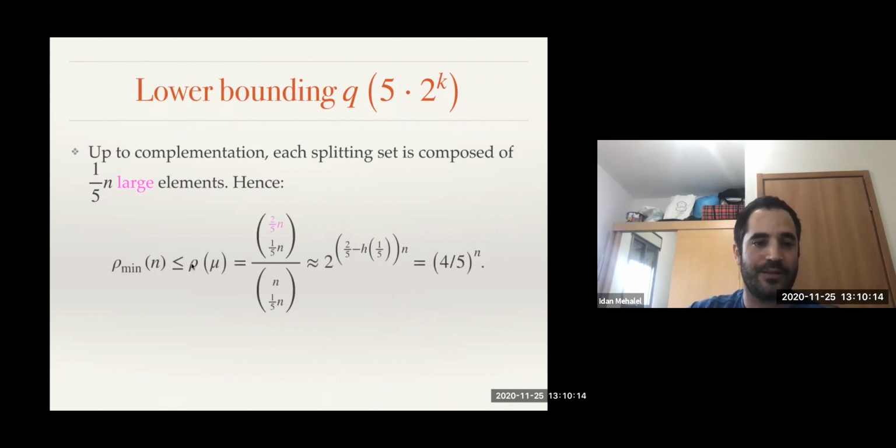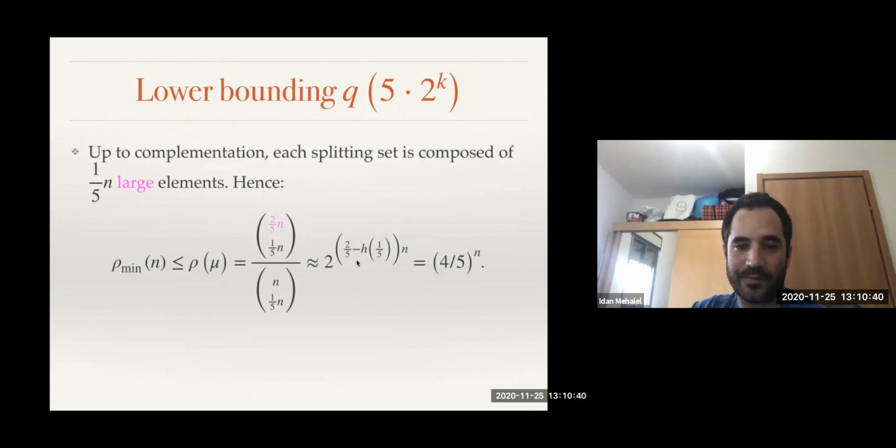And then what we get is that the minimal MRD of n is at most the MRD of mu, and the MRD of mu is as follows. From the large elements, we take exactly half, which is 1/5 n. And this is the only possible size of a splitting set which takes exactly half of the large elements. So we take 1/5 n large elements, and we divide it by all subsets of size 1/5 n.